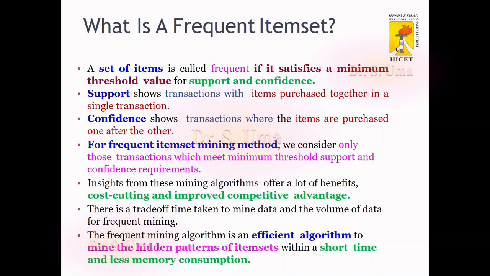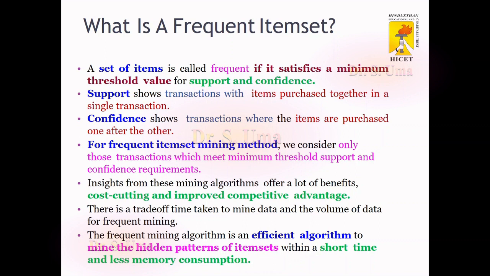It offers us a lot of benefits and advantages such as cost cutting and improved competitive advantage. There is a trade-off between the time taken to mine the data and the volume of data used for frequent mining.